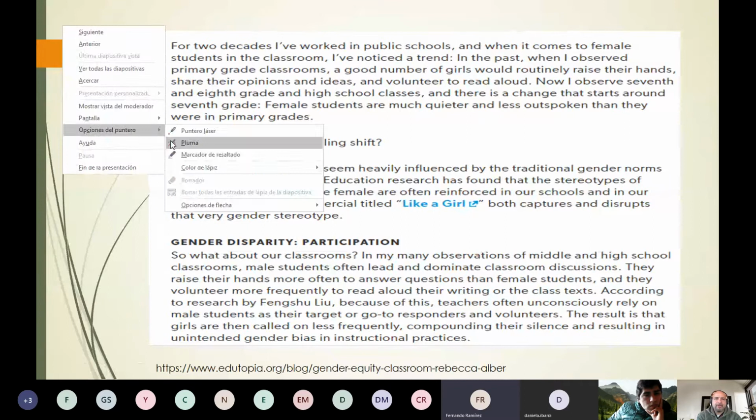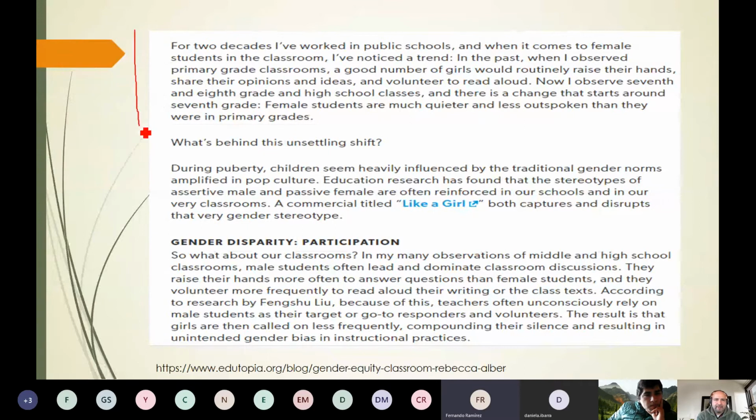Yes. Thank you. For 2 decades, I worked in a public school, and when it comes to female students in the classroom, I've noticed a trend in the past. When I observed primary grade classrooms, a good number of girls would routinely raise their hands, share their opinions and ideas, and volunteer to read aloud.